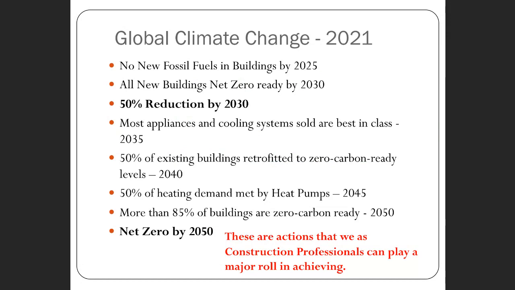Right, we want to get to 50% reduction by 2030, net zero by 2050. A lot of bold things that we have to figure out, that we have to do. It's a challenge. No new fossil fuels in buildings by 2025. That's not that long. We've got to figure all that out in the next couple of years. All new buildings net zero ready by 2030, et cetera, right?